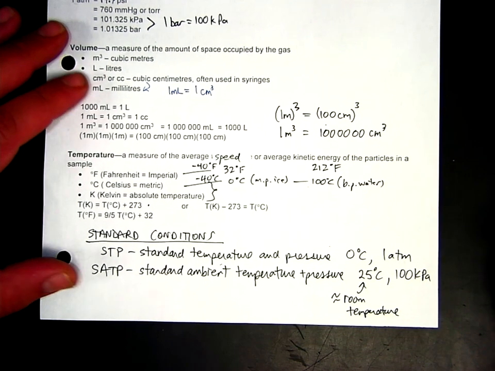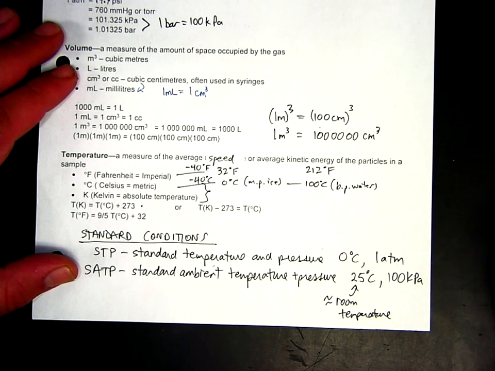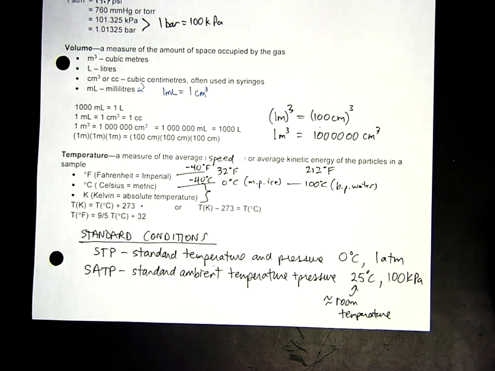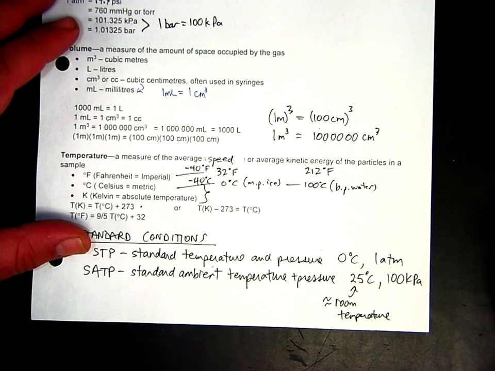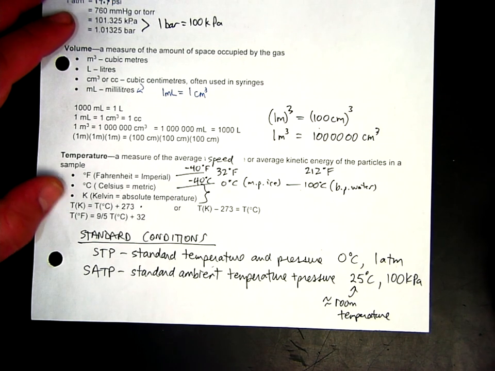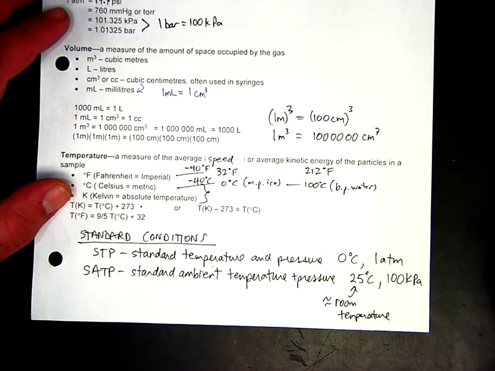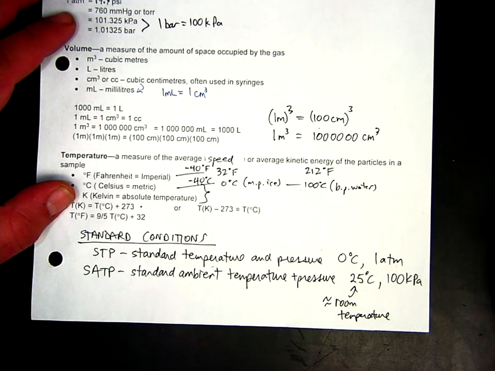The last thing that we might be interested in measuring about gases is the temperature. Temperature is the measure of the average speed or the average kinetic energy of the particles in a sample. Very simply, at colder temperatures, the particles are moving slower on average. At higher temperatures, the particles are moving faster.